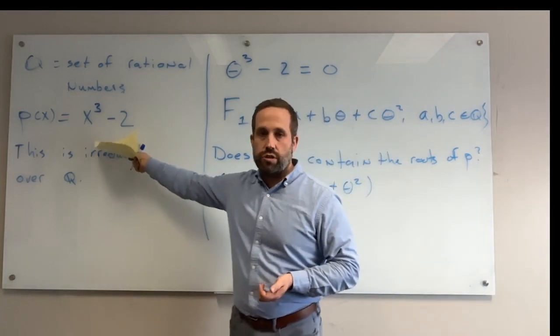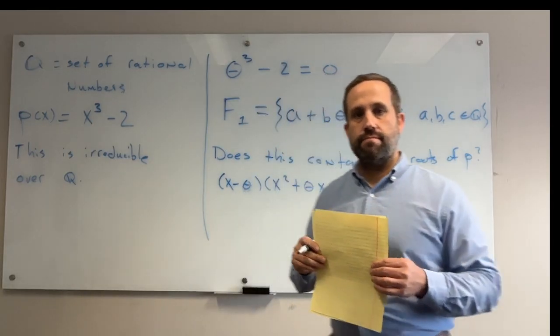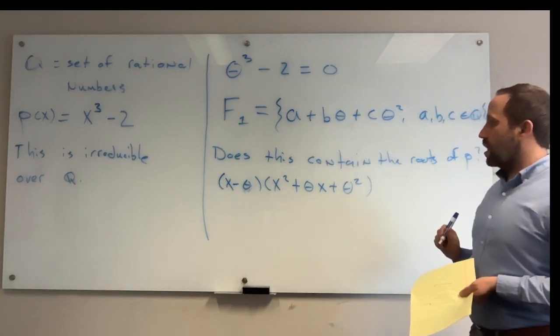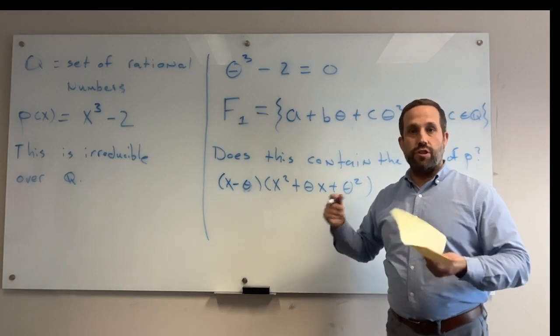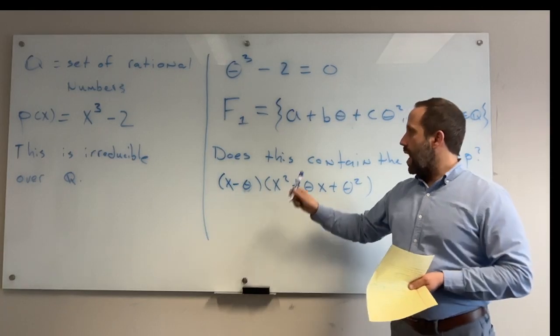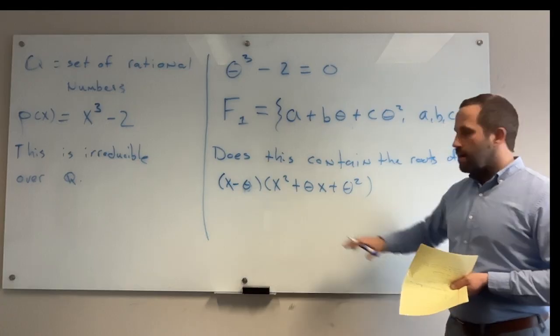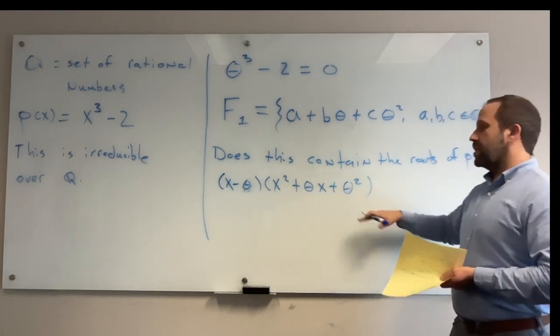It just knows its roots to this polynomial right here. And so we say they're conjugates. Now we're just taking some root theta here, and making a field, the smallest field that contains that root. And now in that field, we have this root, but we still have these roots right here. And so with respect to this field, F1, there are 2 roots of this that would also be conjugate.